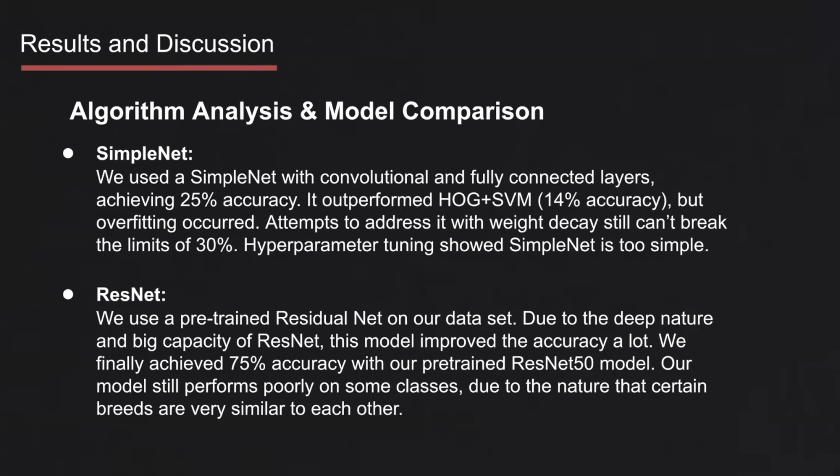And with the ResNet, due to its deep nature and big capacity, the model improved accuracy a lot. We achieved a final accuracy of 75% with the ResNet 50 model. Our model still performs poorly on some certain classes, but for the other classes, it can make predictions pretty well.